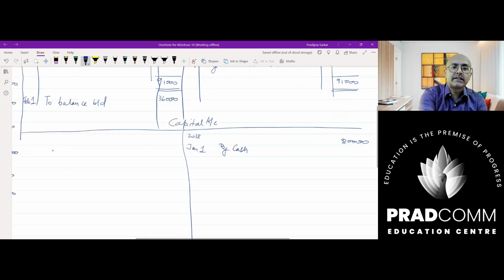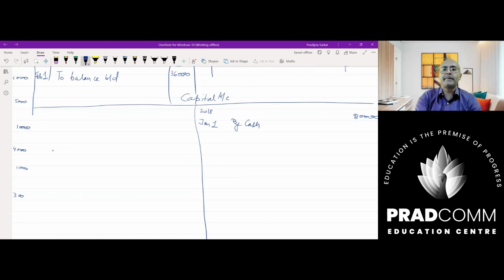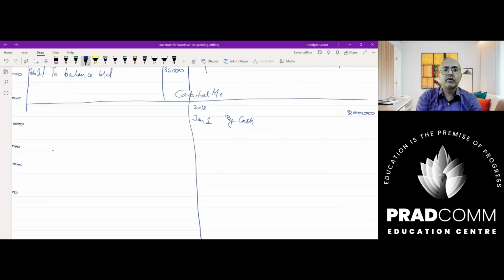So since there is no other entry of the capital account, for this total, as I told you, whichever side is bigger, okay, so it's by cash. Therefore, at the end of the month, we will do Jan 31. By the way, the total will be 80,000, since there is nothing here.